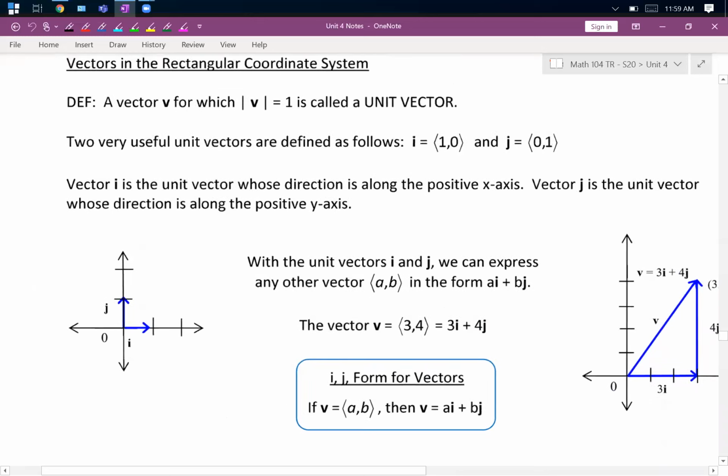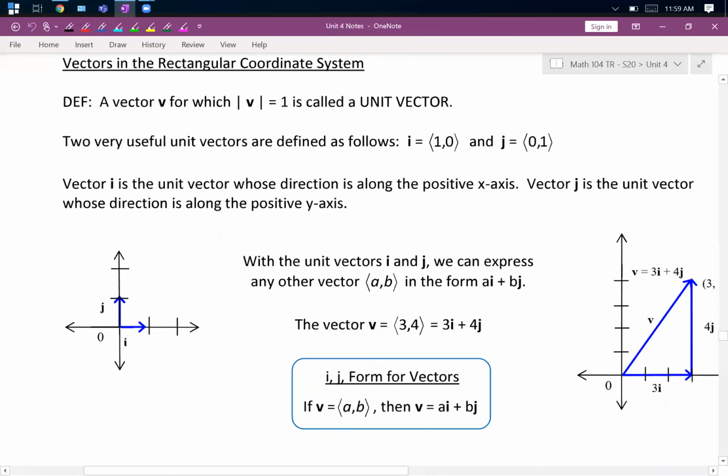So vector i is the unit vector whose direction is along the positive x-axis, 1 unit. That's why we call it <1, 0>, because it's ending at the point (1, 0). And vector j is the unit vector whose direction is along the positive y-axis. So it's going 1 unit up the positive y-axis.